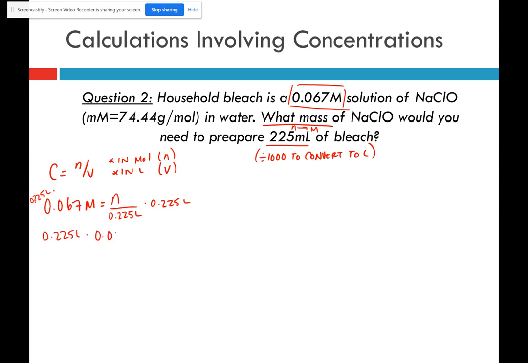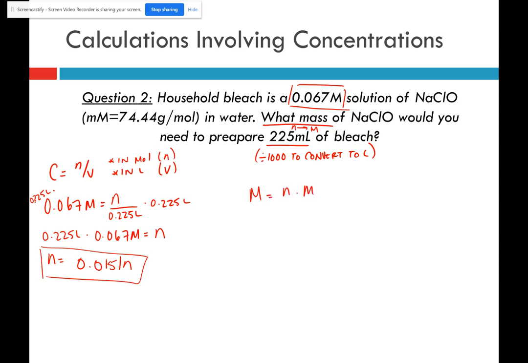That leaves 0.225 liters times 0.067 moles per liter, which gives me my number of moles: 0.0151 moles.